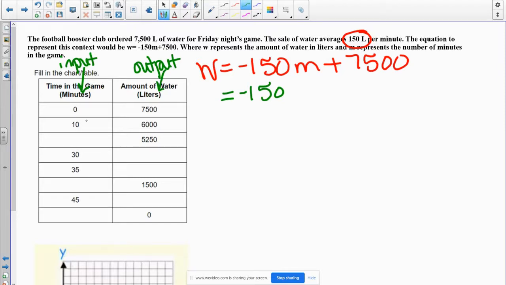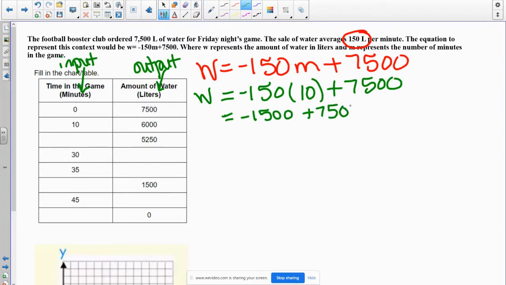So when we input 10 in for our minutes, and we add that to the 7,500, then we should mathematically get the 6,000, because that's how much water is left. So negative 150 times 10 would be negative 1,500. You add that to 7,500, and you get 6,000 liters. So there's 6,000 liters left of water after 10 minutes of the game.